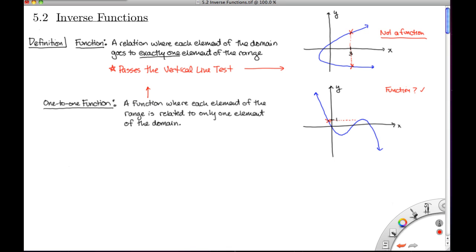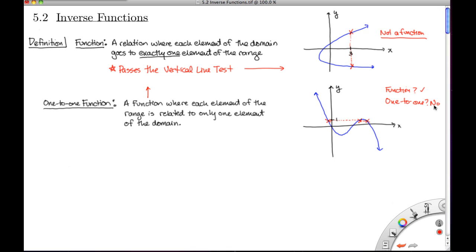If we keep going, there's another x value associated with that y, and if we keep going, there's even another one. So for y equals 1, there are 3 different x values associated with it. So that violates our definition in that that element of the range is related to multiple elements of this domain. So if we were to ask if this is one-to-one, we would say no.